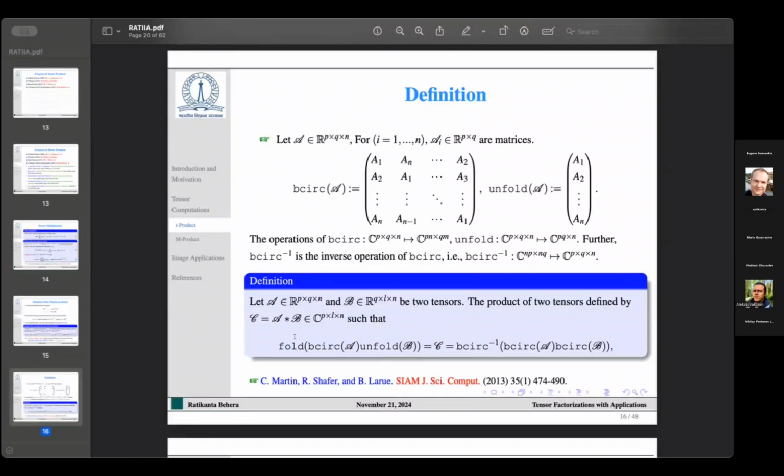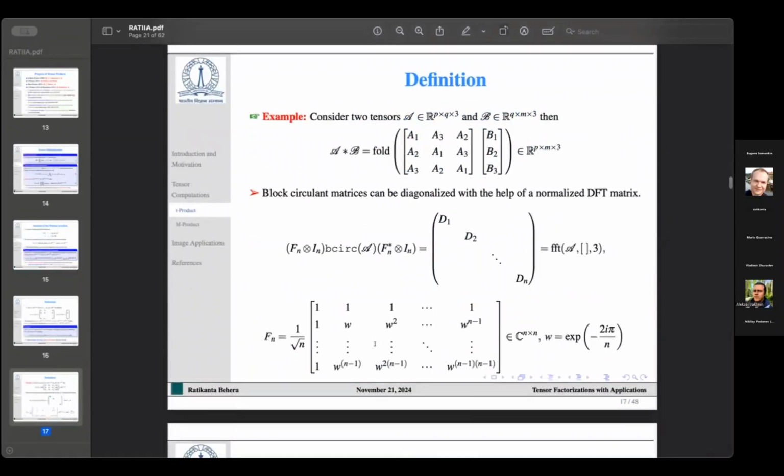So here, suppose A and B are two tensors, then the tensor product can be defined in this way. Either you can write fold of bcirc of A times bcirc of B, or fold of bcirc of A into unfold of B, this way.